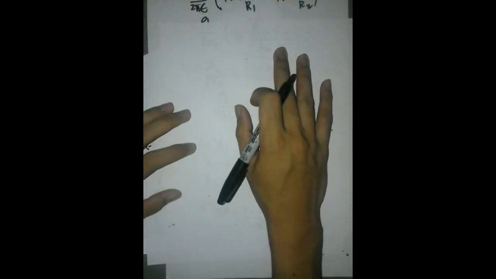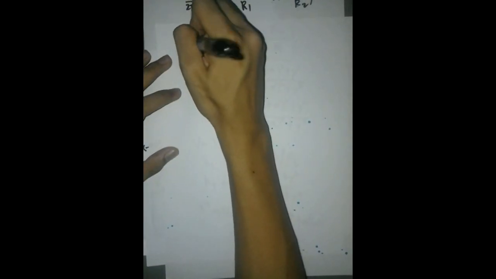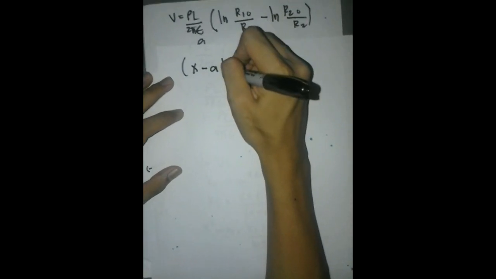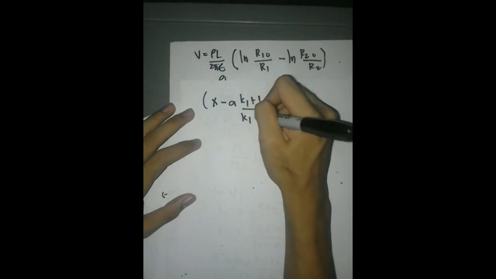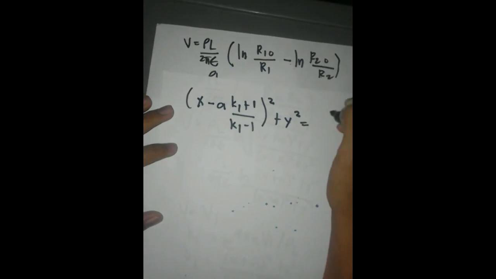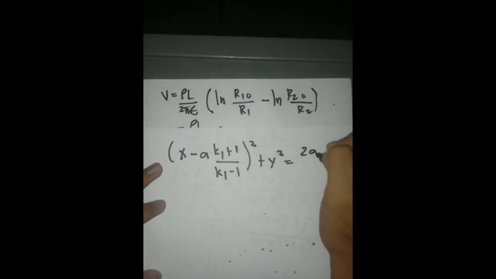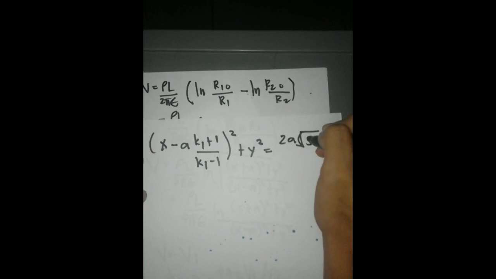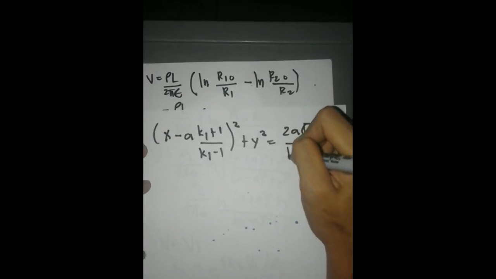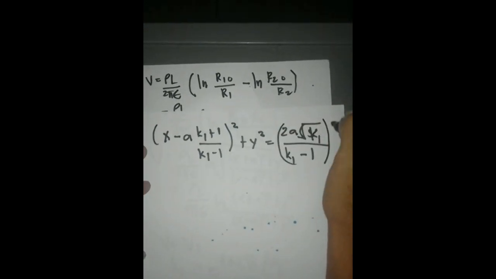We next work through a couple of lines of algebra and complete the square: (x minus a (K1 plus 1) over (K1 minus 1)) squared plus y squared equals (2a square root of K1 over (K1 minus 1)) squared.